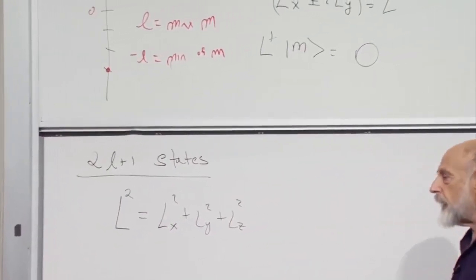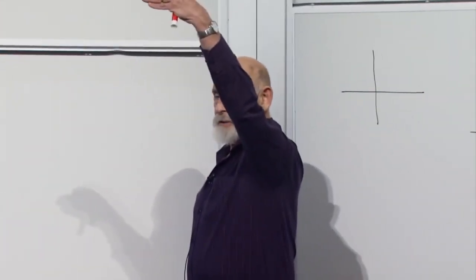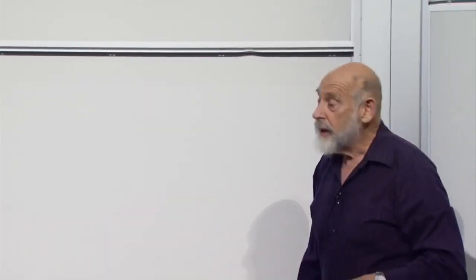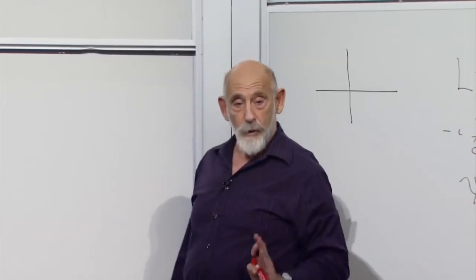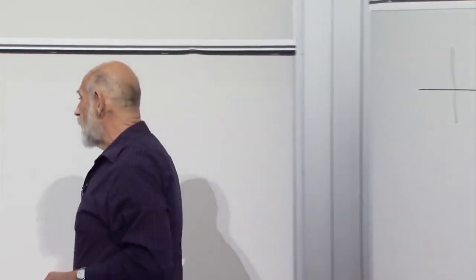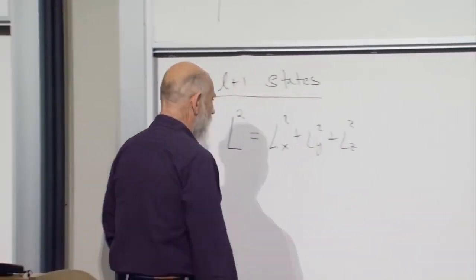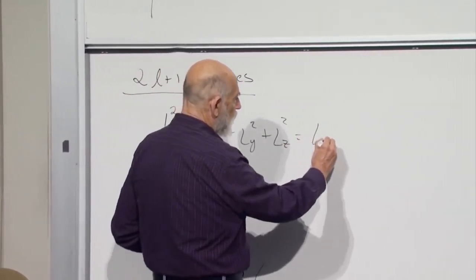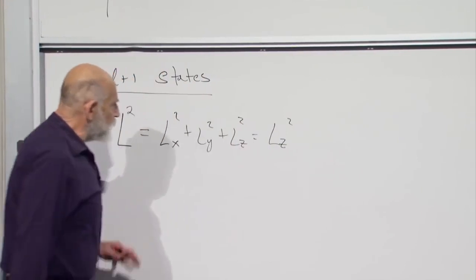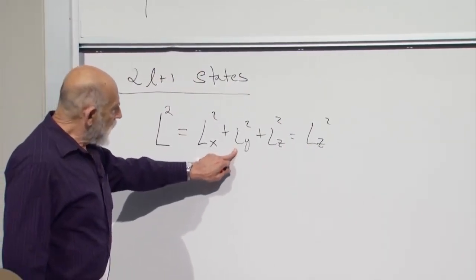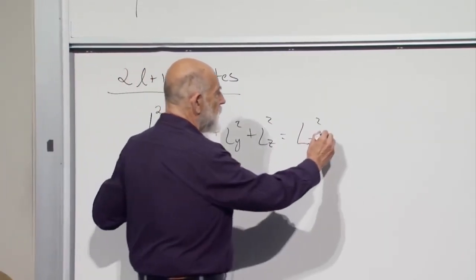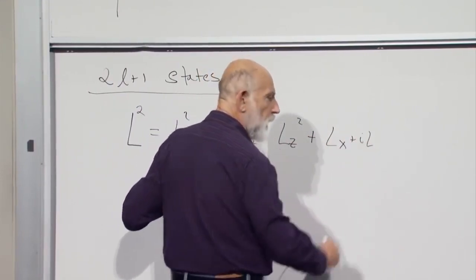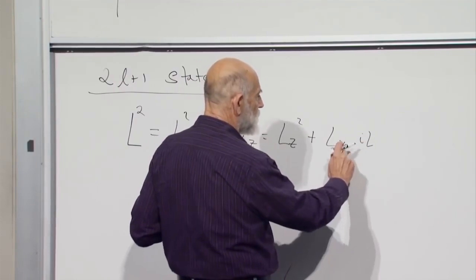In other words, supposing we have a multiplet which terminates from above at L, terminates from below at minus L, what can we say about its L squared? Okay, so here's the tricks. And they're all tricks, but they're nice tricks. This is equal to Lz squared. Now, first classical. Lx squared plus Ly squared, that's plus Lx plus ILy. Do I want that? No, I want Lx minus ILy.